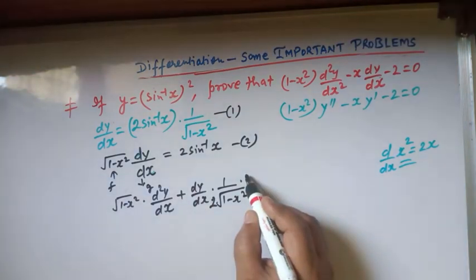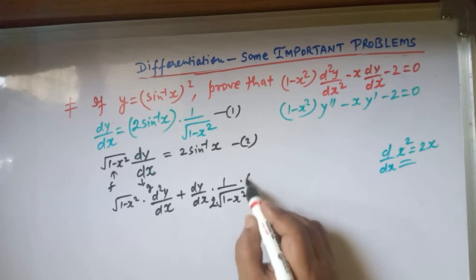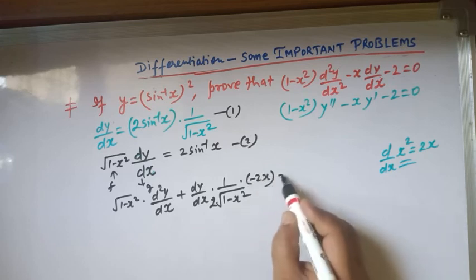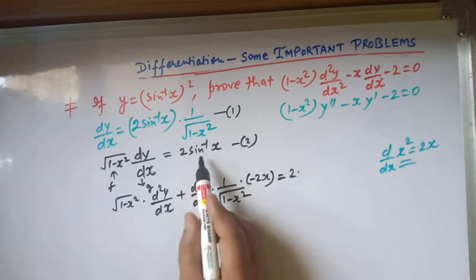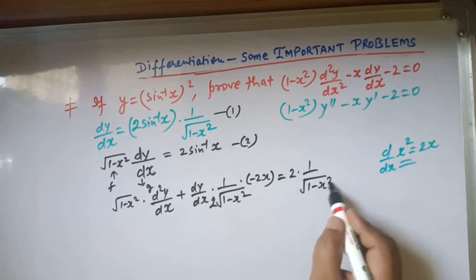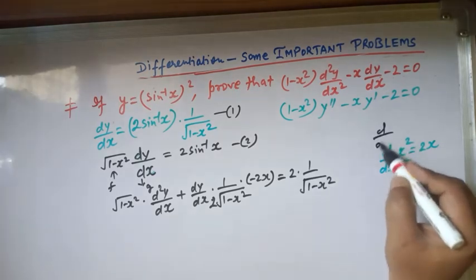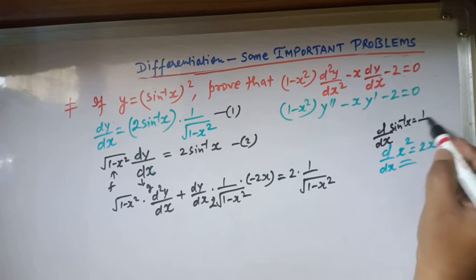So we have here 2 times of minus 2x equal to the derivative of sine inverse x. So this is 1 over square root of 1 minus x square. So always remember, the derivative of sine inverse x is 1 over square root of 1 minus x square.